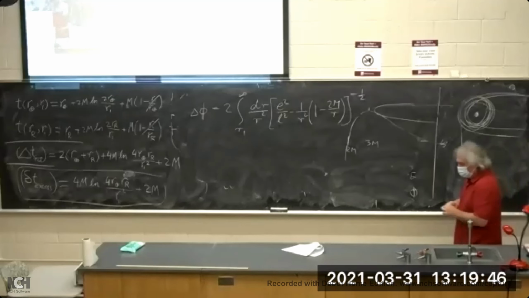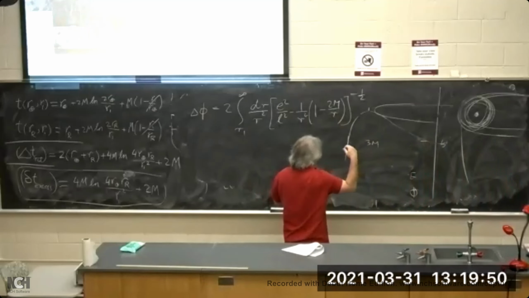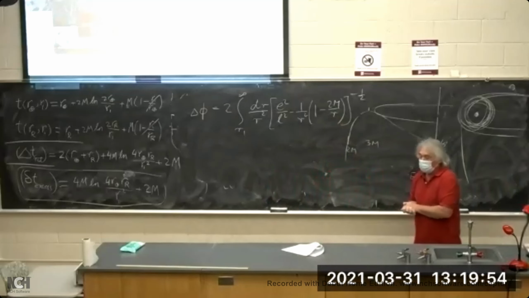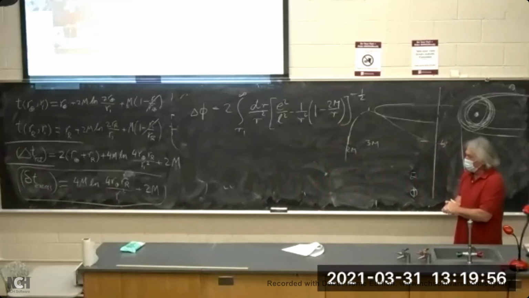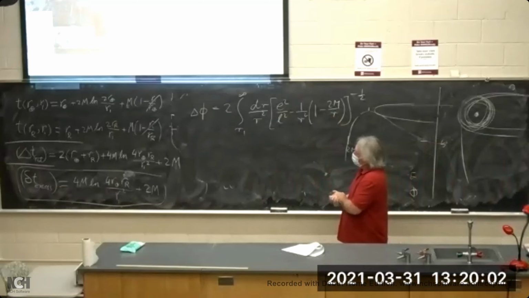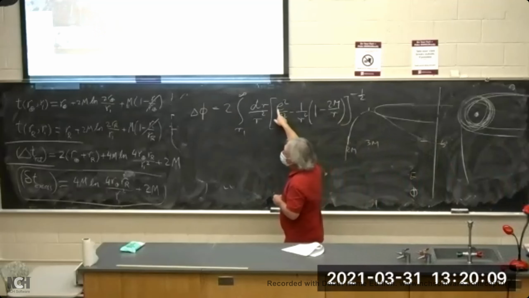Because in principle, it didn't appear anywhere here in an obvious way. But of course, the frequency of the light is encoded in the 4-velocity, right? So somehow, wouldn't it be in here somewhere?